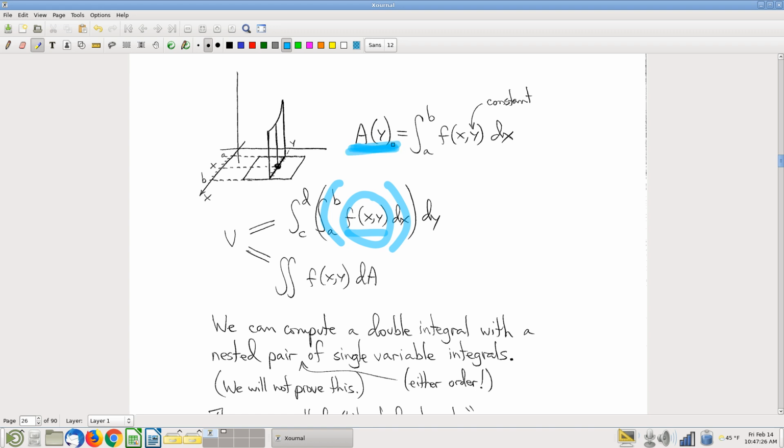With that function of y, we take the integral with respect to y. That's not a problem. Punch that up, and out comes an answer, and we just computed volume. Okay, we'll just see an example in a minute.